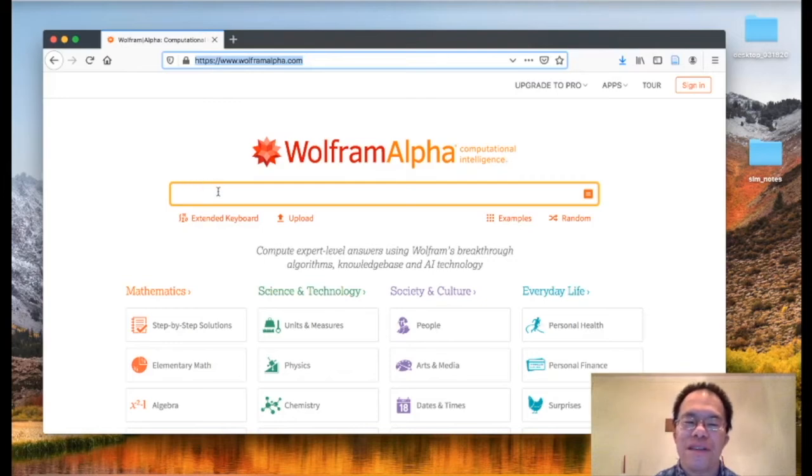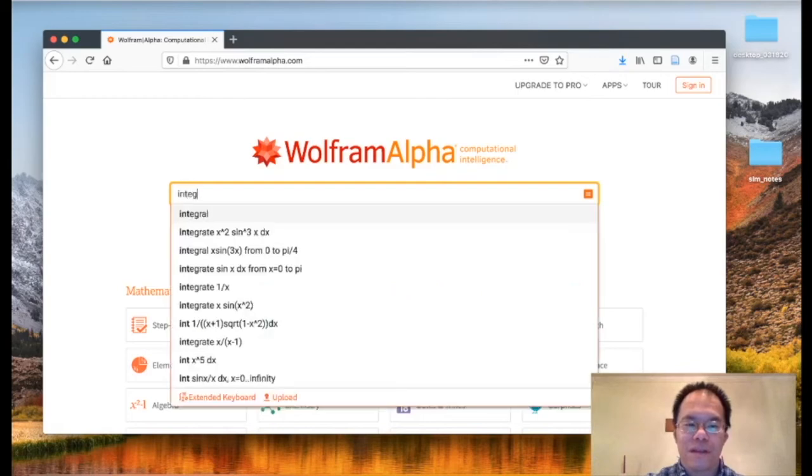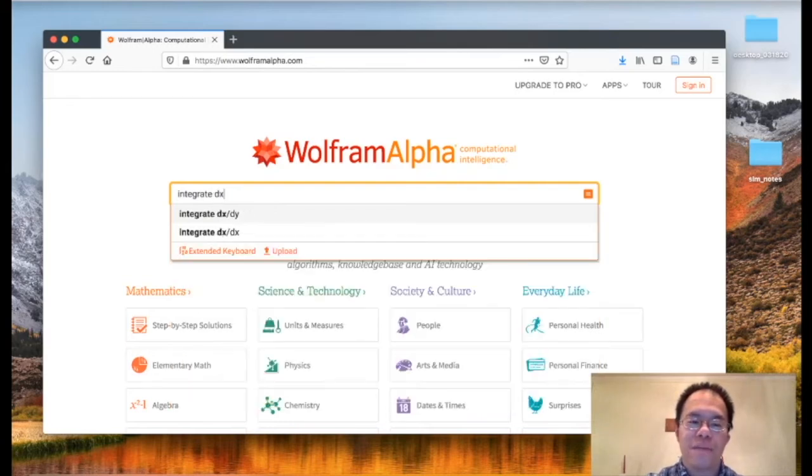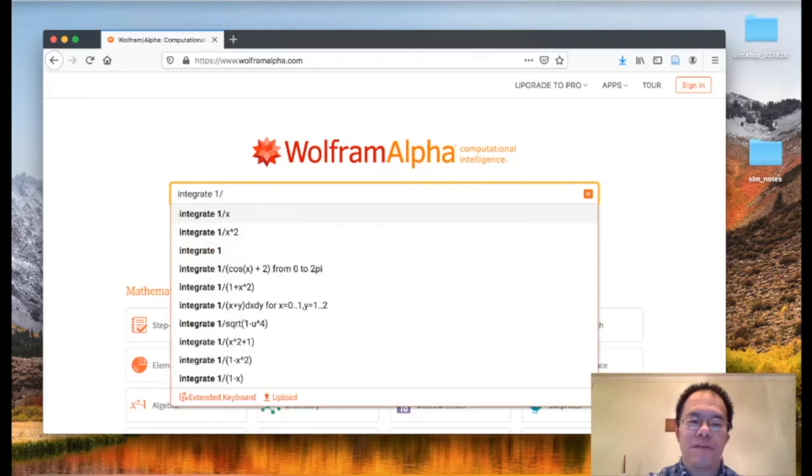Wolfram's the same company that makes Mathematica, and it turns out that you can just tell it to do integrals. In our case, we want to integrate, and I'll just write this in terms of x.